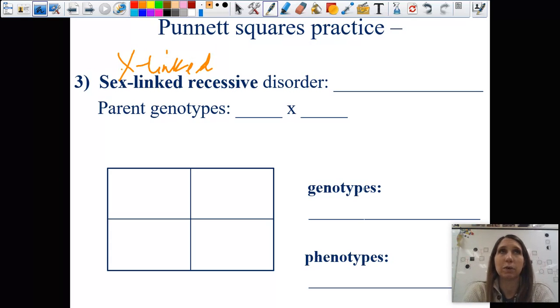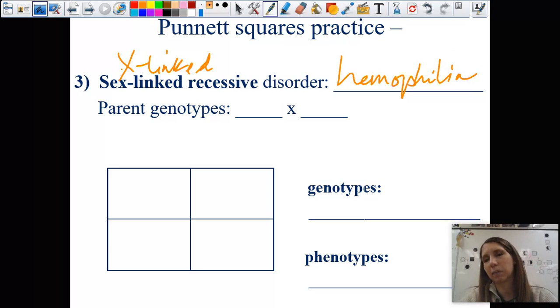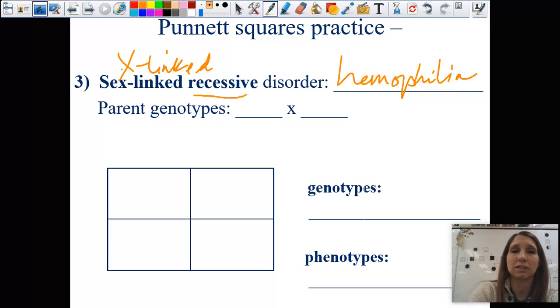Let's say for this one, we want to do hemophilia, the bleeding disorder where your blood cannot clot. For hemophilia, I'm going to label this again attached to the X. And again, it's recessive. We're going to assume if it's X-linked, it's always going to be recessive because that's far more often going to be the case. So I'm going to write it like this.